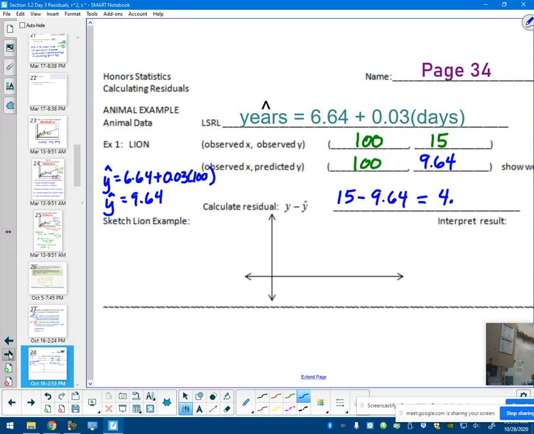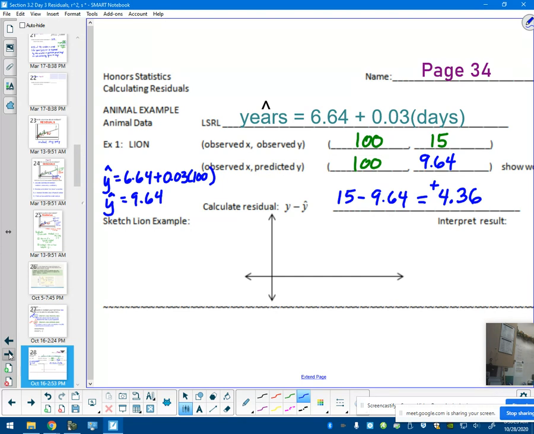Well, specifically 4.36. That is a residual. It is a positive residual. So what does that mean?